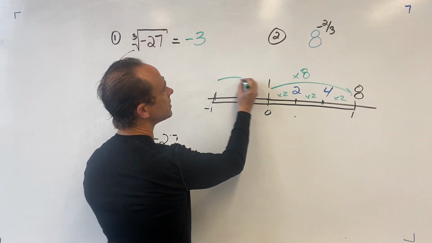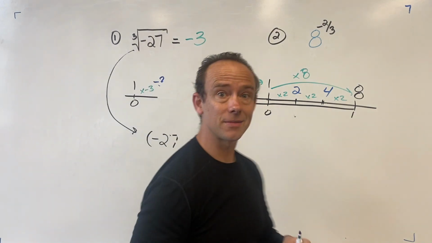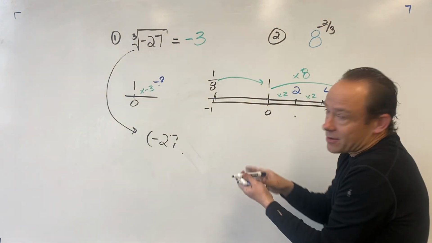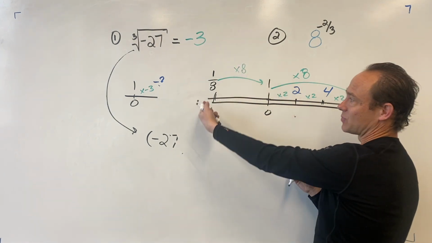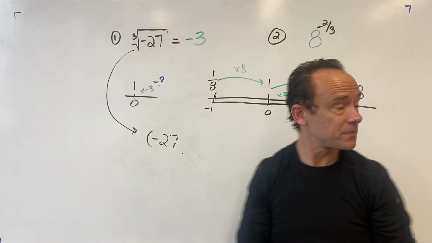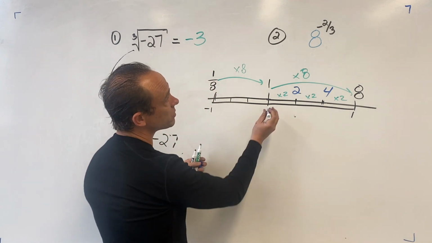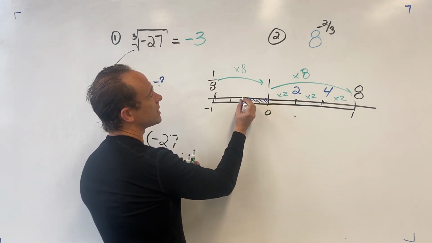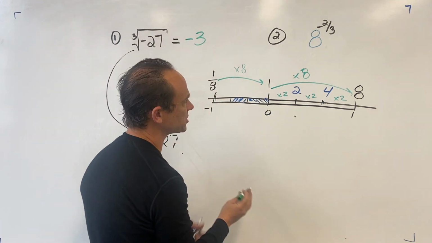So here, this would of course be 1/8, because if this pattern is to hold and you're going to be at 1, then 1 step before, you need to be at 1/8, because 1/8 times 8 is 1. What we want is negative 2/3, so we want to go in the opposite direction.